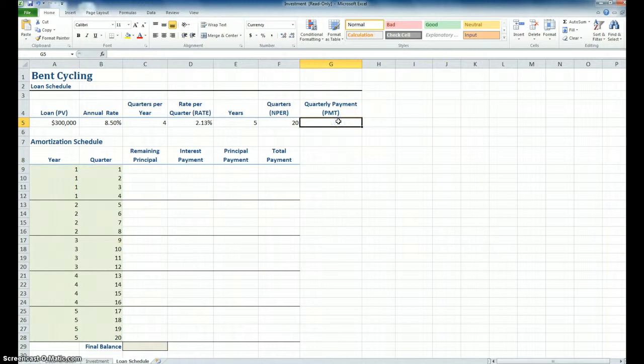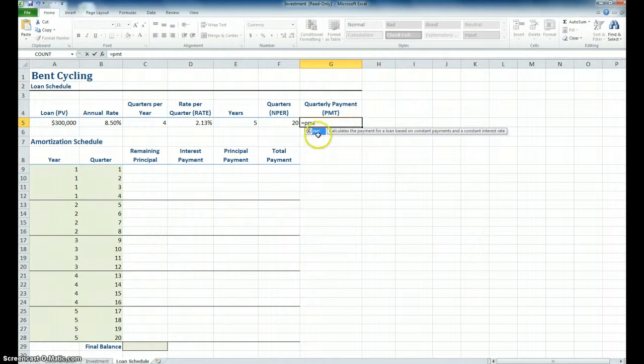Okay. So let's figure out what our payment is. How much is our quarterly payment going to be for a loan that we got at $300,000 at 8.5% annual interest rate? And we're going to pay for 5 years. It's pretty simple. It's going to be equal PMT, just like we did before.